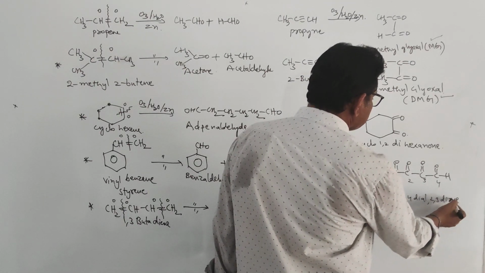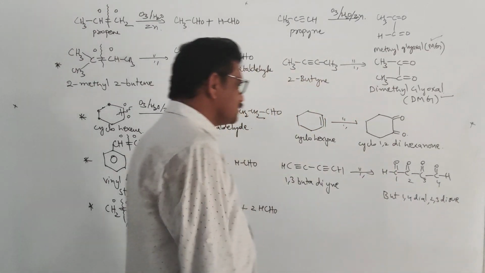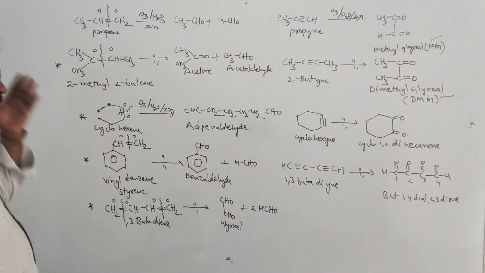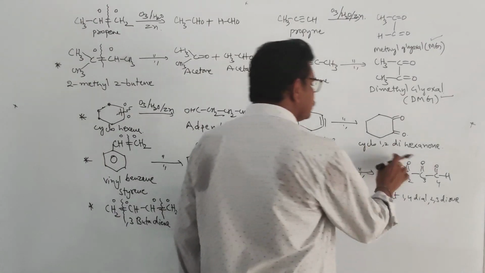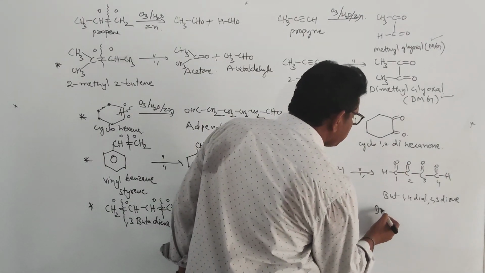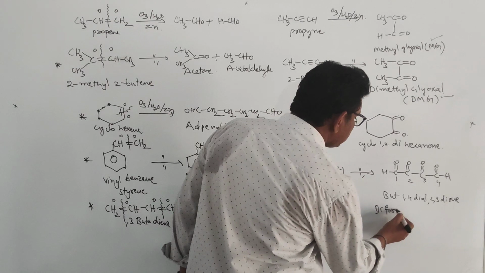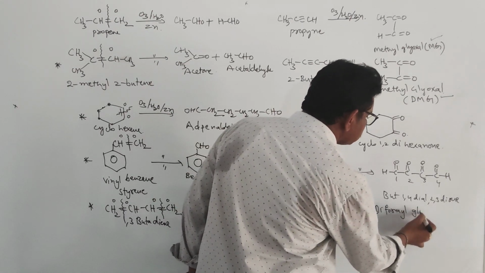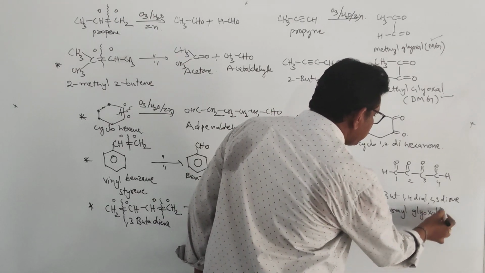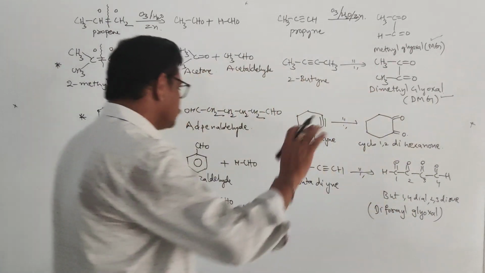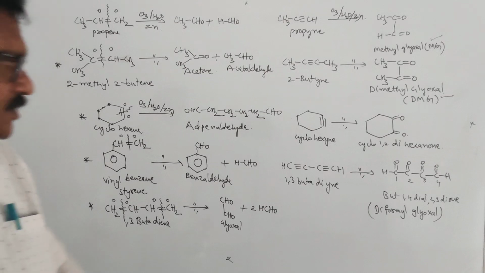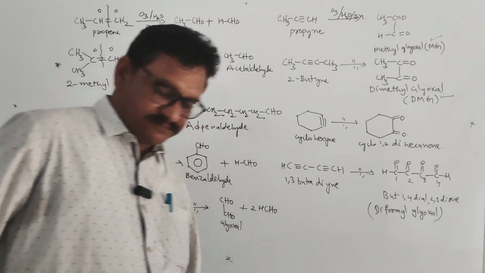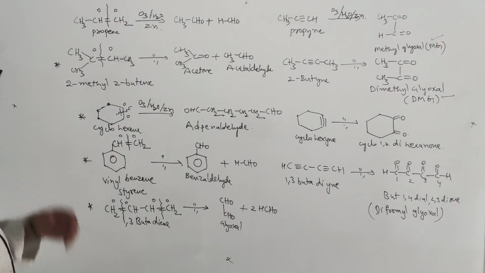This is the IUPAC name. Or simply it is called what? Glyoxal, you know, this is formyl, diformyl glyoxal. Common name is diformyl glyoxal. But it's a very interesting product you are getting by conducting ozonolysis with 1,3-butadiyne. Okay, students.